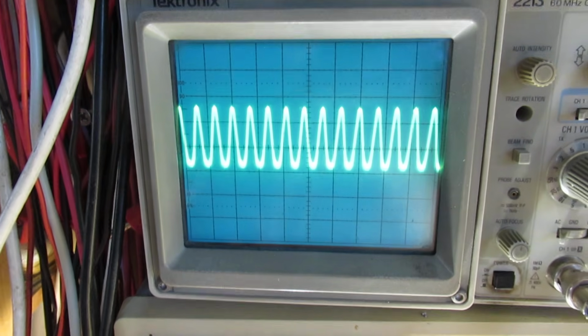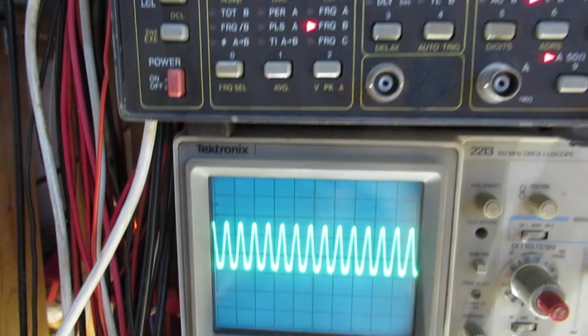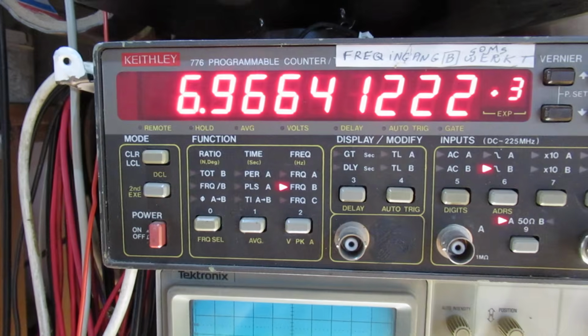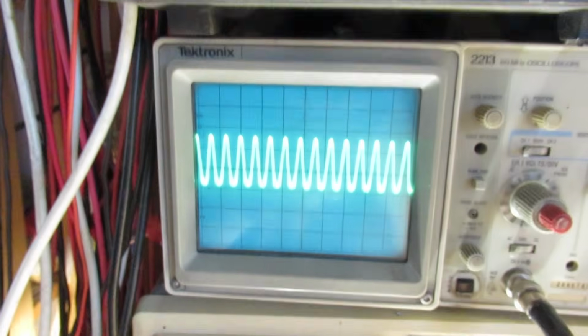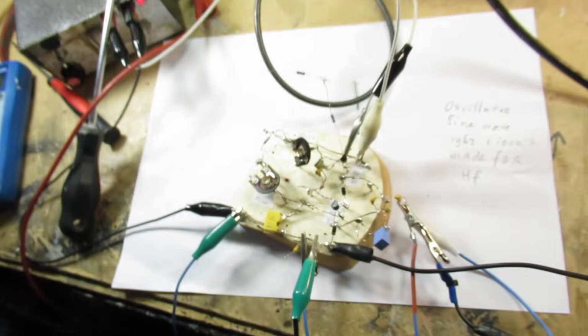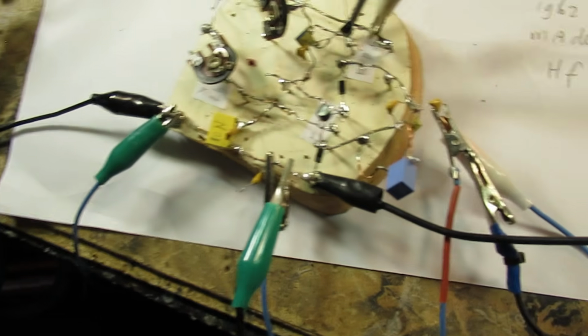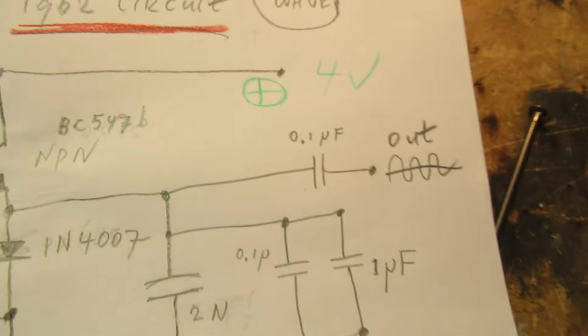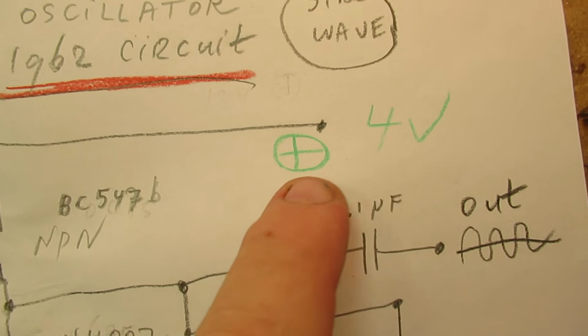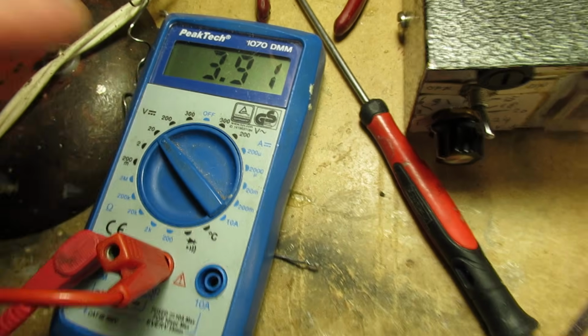And well, in fact there's not so much more to tell. Very important to tell is that it works in a limited voltage range. 4 volts. Here 3.9, that's 4 volts.